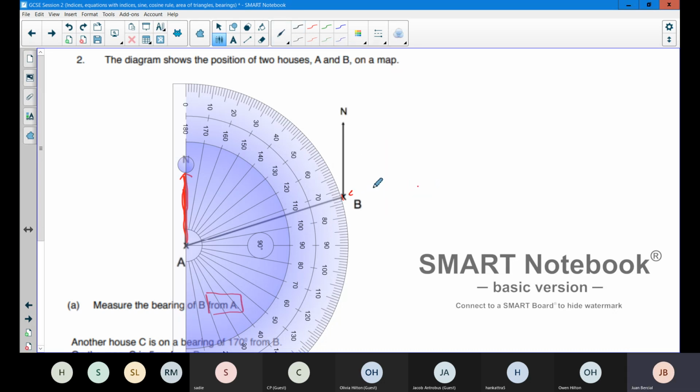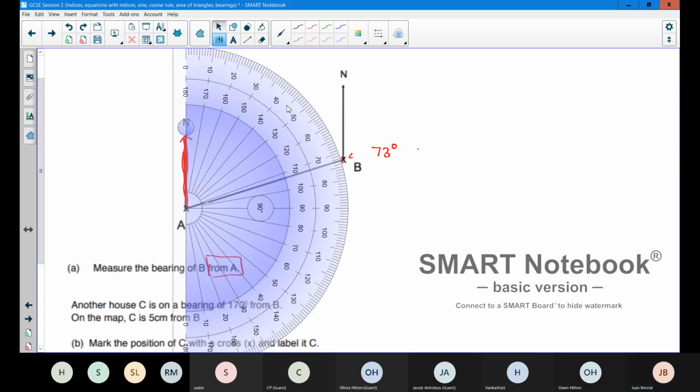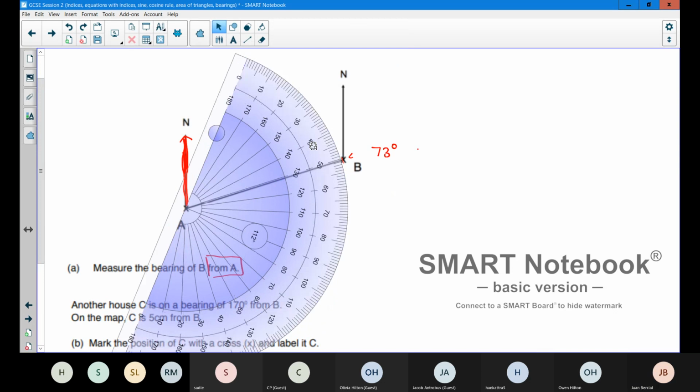So that is 73 degrees from north. The bearing is 73.